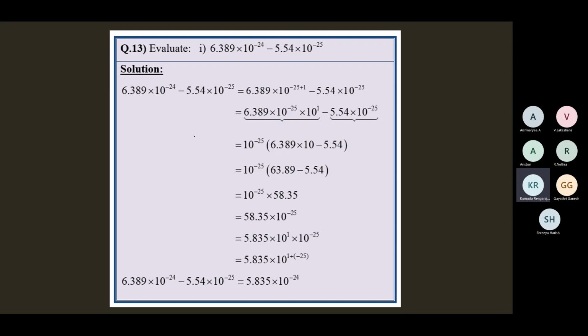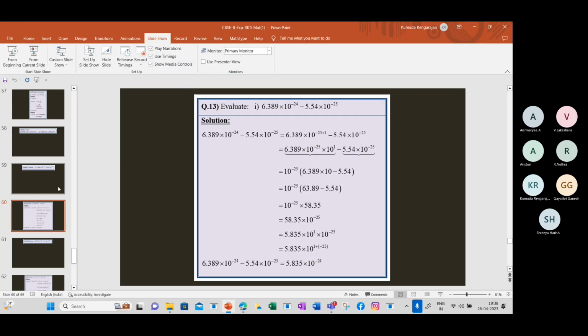Please tell me, have you finished writing this in your book? Yes, ma'am. Okay, who wants to share the alternate working with me? Taking out 10 to the power minus 24 common. Nobody? Okay, fine.